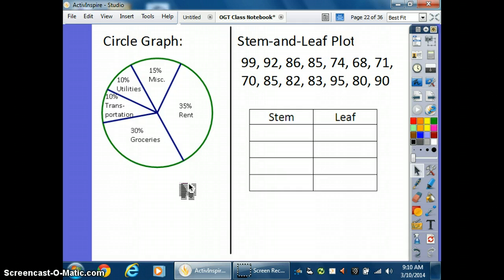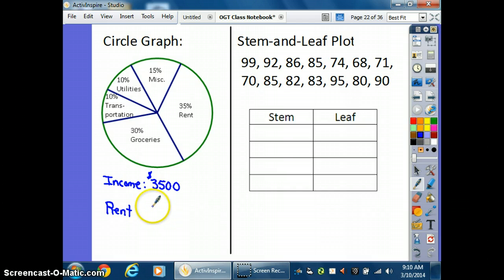The first one we're going to look at is a circle graph, and here's a typical question that they would ask you. They would say maybe the income for a family for the month is $35,000. And then they'd say, well, how much do they pay for rent? Well, what you want to do is multiply 35% of, or times, the 35,000.